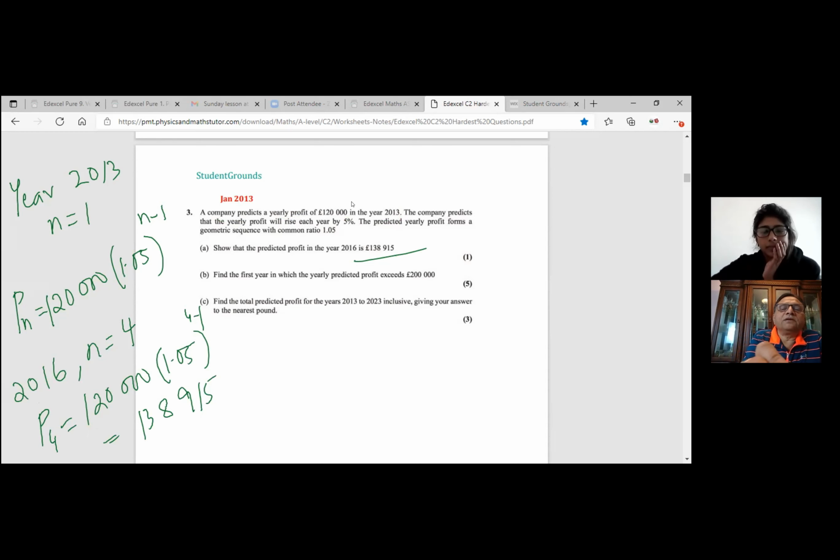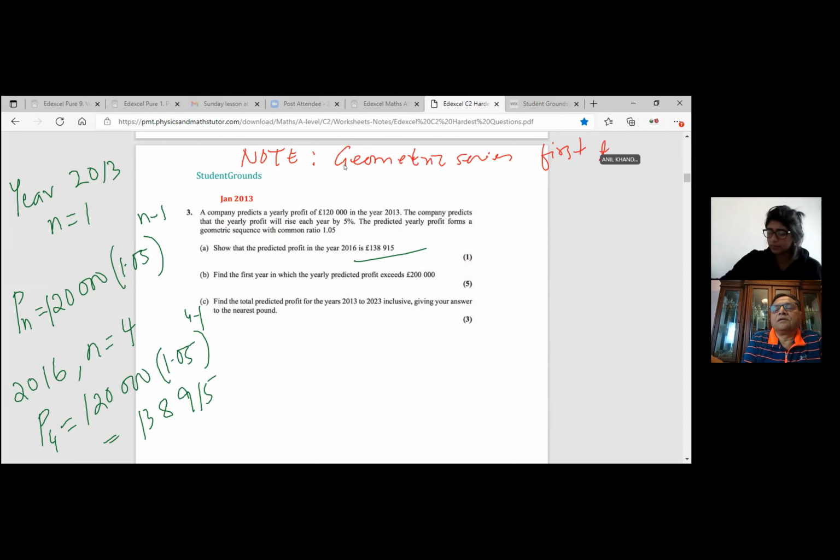Let's make a note here, which is very important to understand. In geometric series, the first term is n equals 1. Therefore, when we are talking about geometric series, in the formula we get n minus 1 as an exponent.